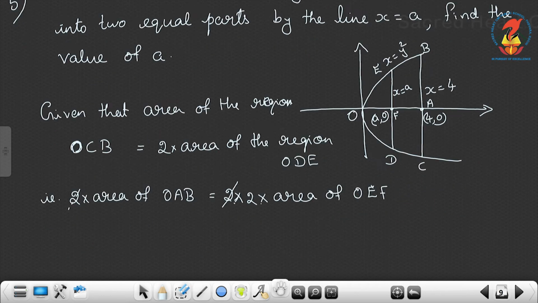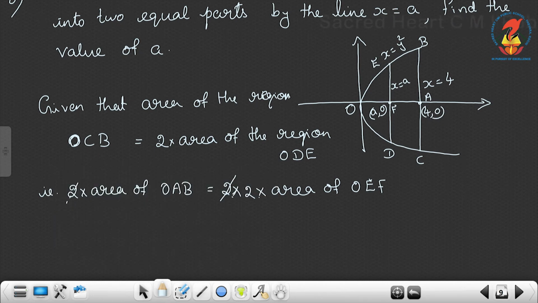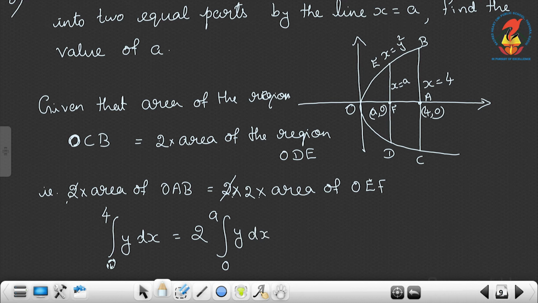Then what is area of OAB? Area of OAB in terms of integral. O is the origin. So integral from 0 to 4, y dx is equal to 2 into integral OEF, integral from 0 to a, y dx.